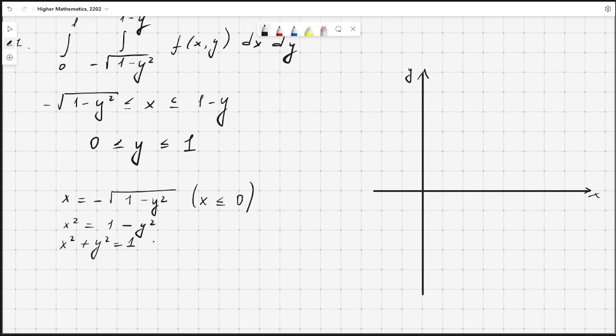It is a circle with the center in the origin, and with radius 1, but x is a negative number.